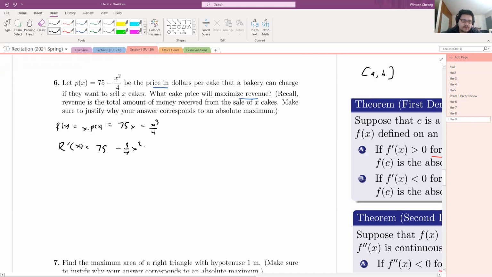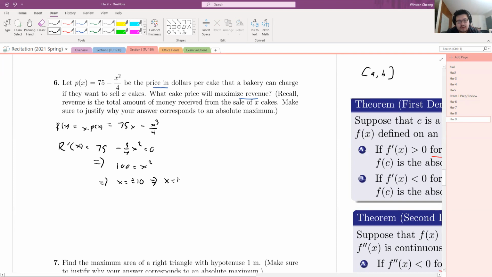The derivative is 75 minus 3 over 4 x squared, which we would set equal to 0. And when we solve this, we're going to get that x is equal to plus or minus 10. But clearly, x should not be a negative number. x is the quantity of cakes that we're selling.